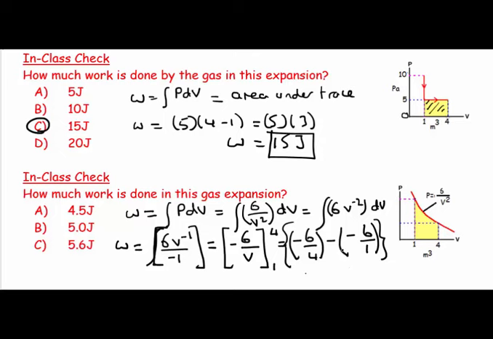That's going to be minus 6 over 4 plus 24 over 4, because it's a minus and a minus.